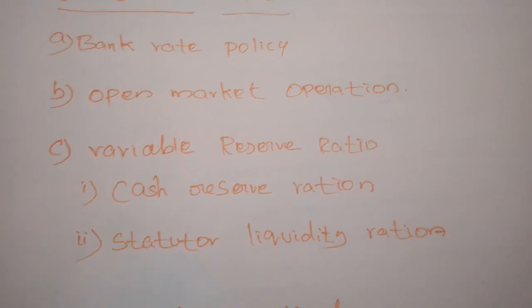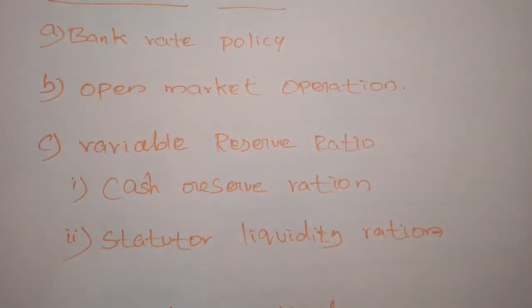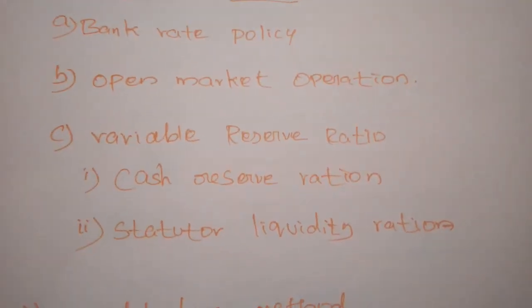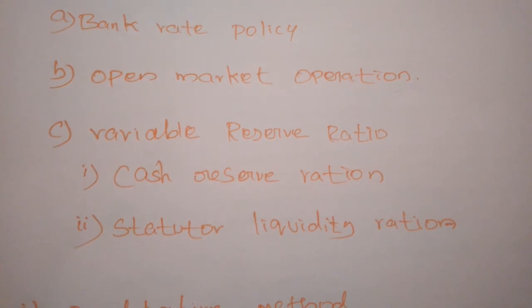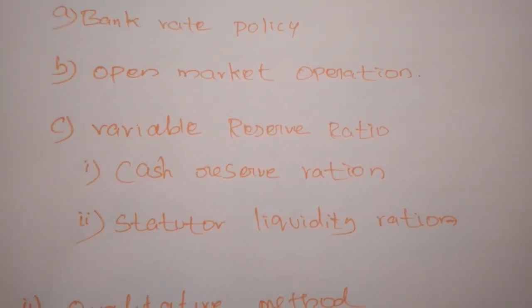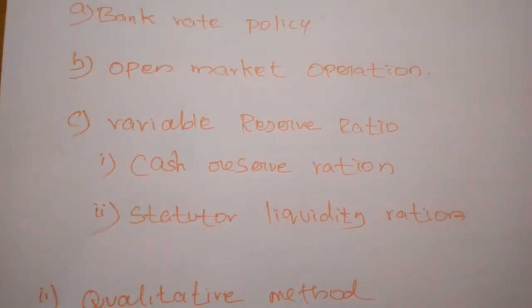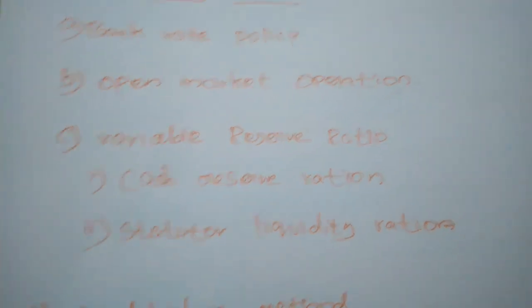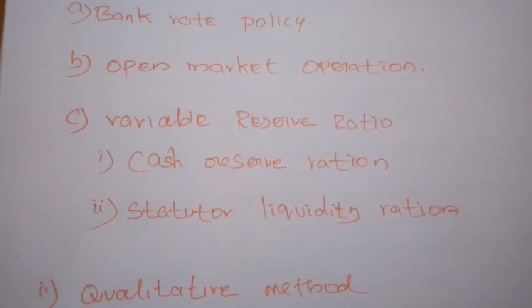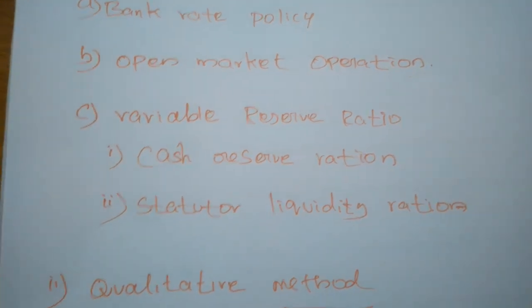So automatically the volume of credit will decrease. But the commercial bank doesn't have the right to fix the rate of interest by itself; only on the basis of the guidelines of the Reserve Bank of India can the commercial bank fix its rates.